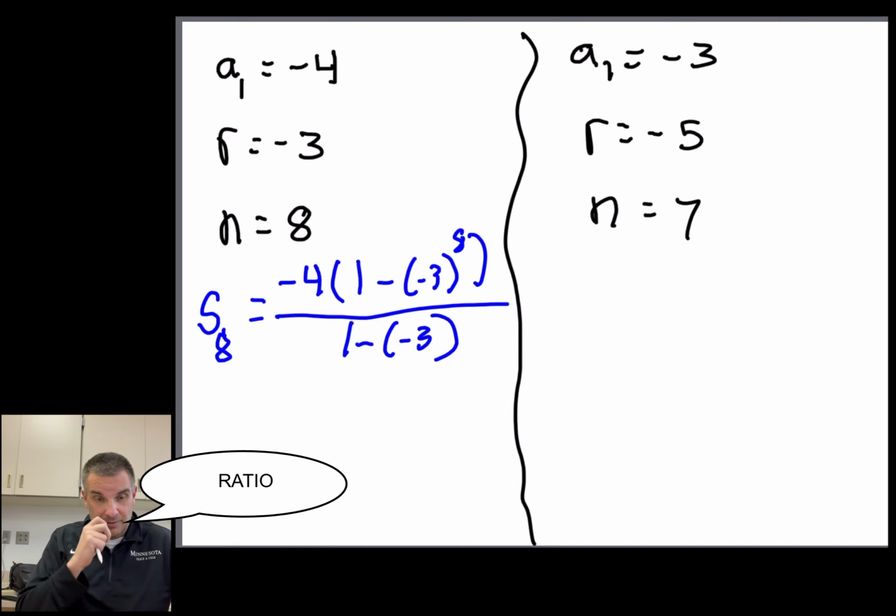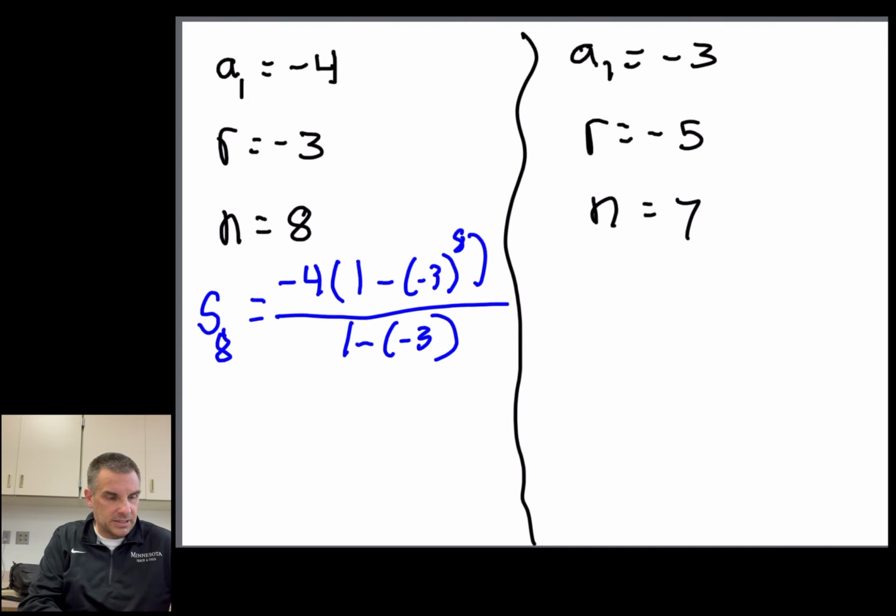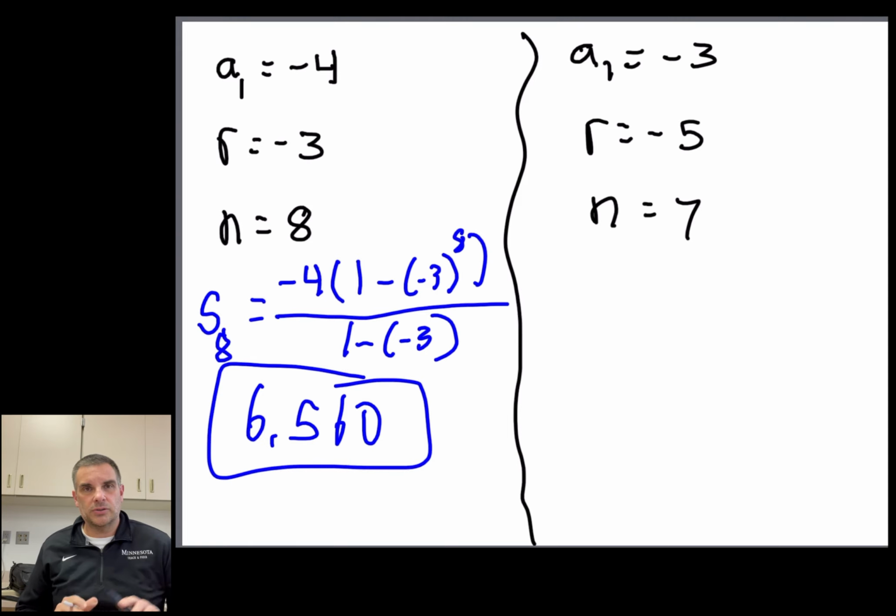We didn't have to find the rate. So we've got 4, parentheses 1 minus parentheses negative 3, close parentheses raised to the 8th, close parentheses again. Divide that by 4, and you get 6,560 for your solution.